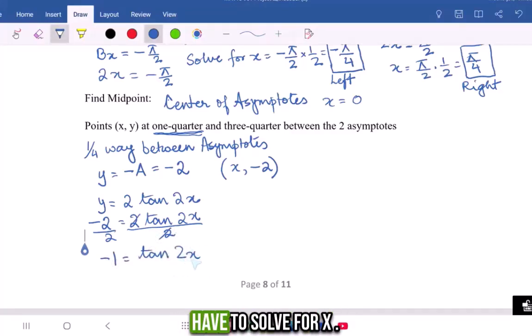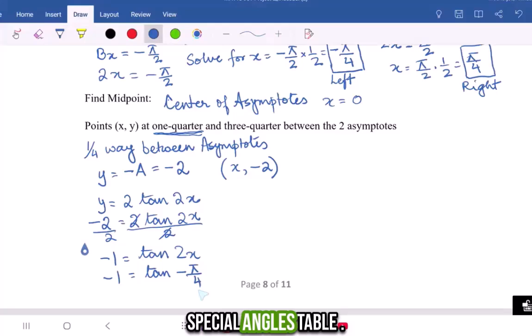So now we will have to solve for x. To solve for x in this equation, we have to ask ourselves, for what angle measure is the tangent ratio equal to negative 1? Use your knowledge of the special angles table. You will remember that negative 1 equals tan of negative pi over 4 from our special angles table.